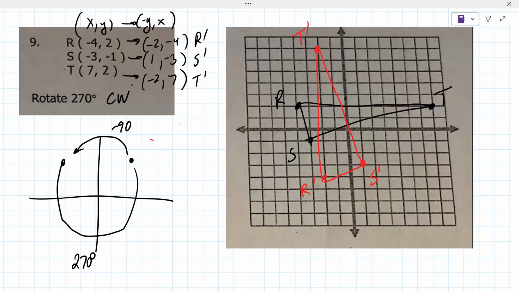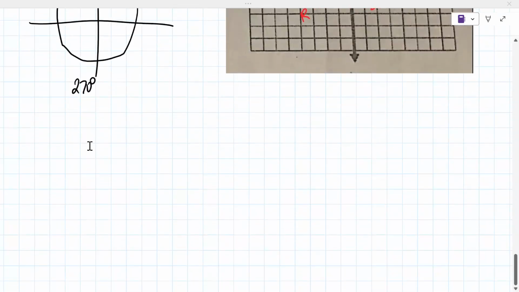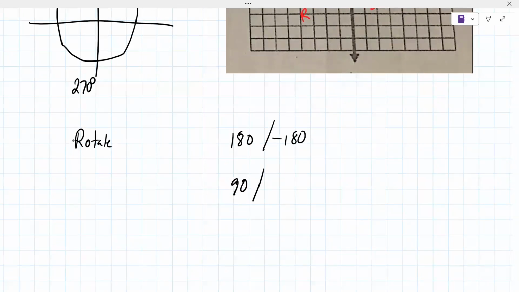You got all that? Yeah. Okay, so the only one left is a minus 90. That's number 11. It's just like this one. You almost have to create a table in your head: if it's a rotation, 180 and minus 180 are the same. 90 and minus 270, 270 and minus 90.